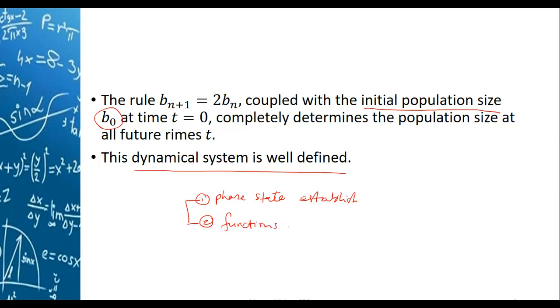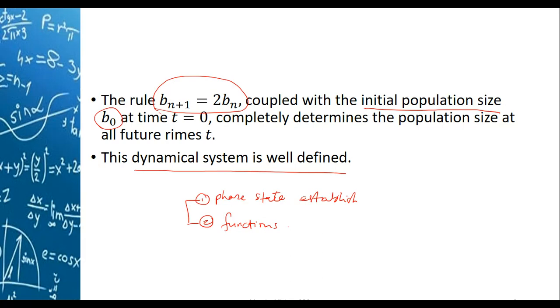So you have one rule that utilizes your function, and you have identified your phase state, meaning the time it doubles consistently, and also your initial b naught.